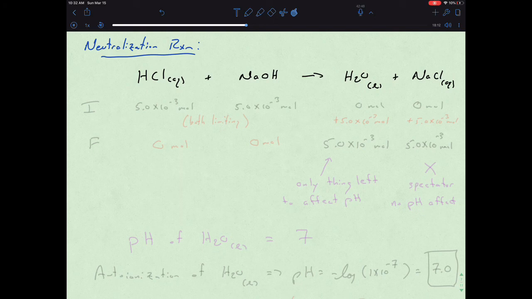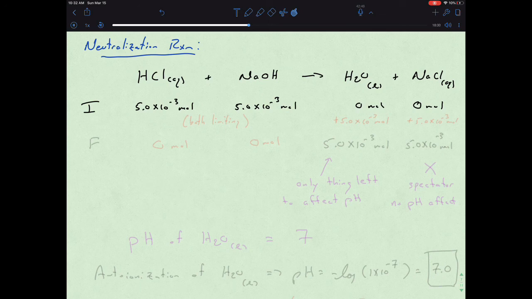And so we then do the same process. What's our initial set of conditions? Right, so in this particular case, we have the same moles of the HCl and the sodium hydroxide.